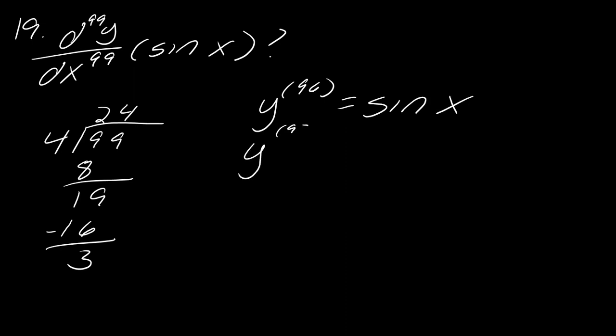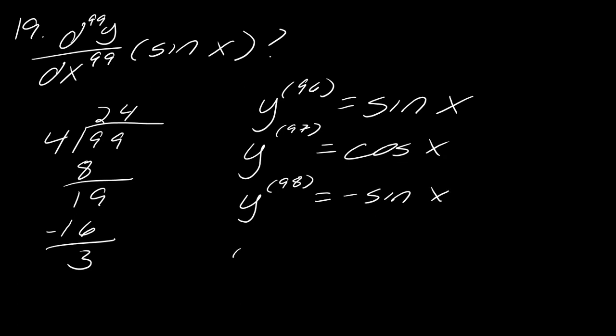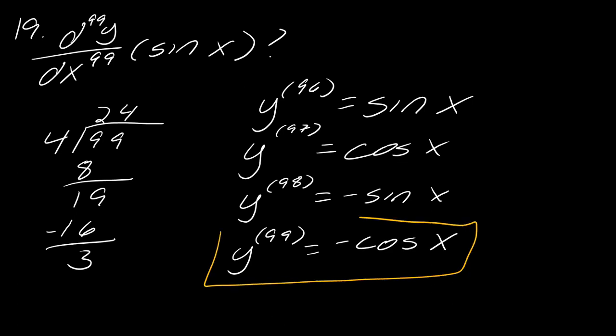Then the 97th derivative is going to be cosine of x. The 98th derivative will be negative sine of x, and so the 99th derivative will be negative cosine of x. And so there's my answer.